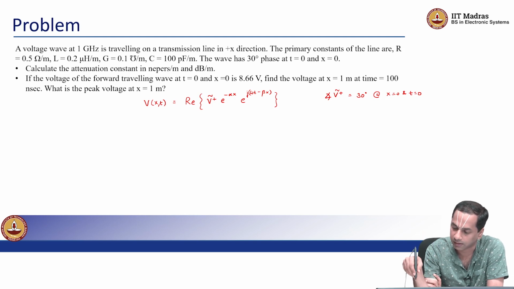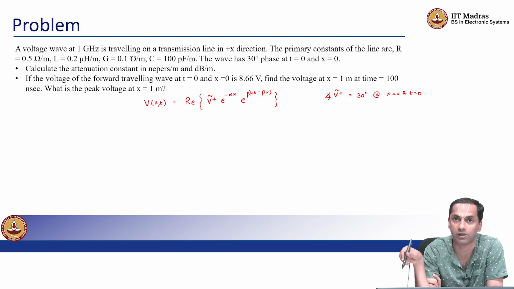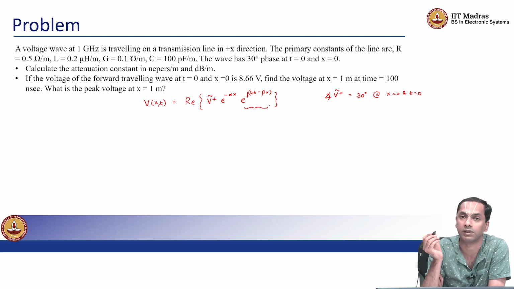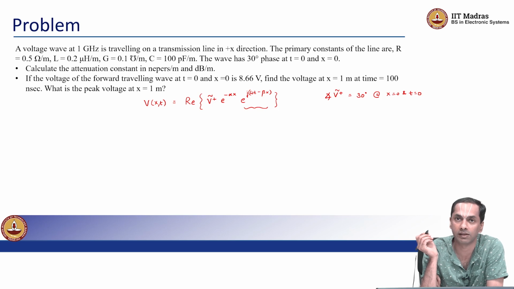Why did I say that this is only the phase of V plus phasor? Because when I substitute x equals 0 and t equals 0, the phase contribution coming from this term e to the j omega t minus beta x is 0, right. So there is no phase contribution coming from there at the chosen initial condition. So all the phase that is coming, right, at t equals 0 and x equals 0 should be from the phase of the phasor V plus.